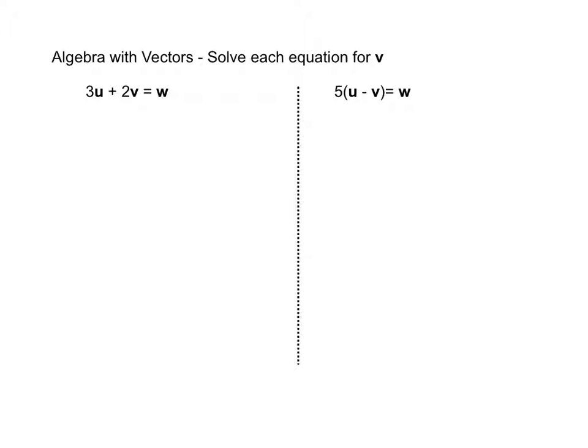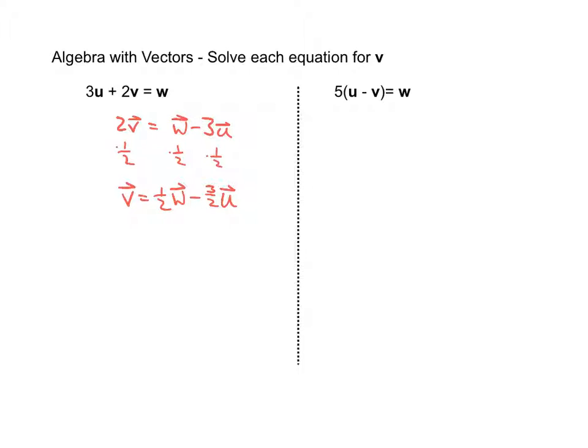So, for example, in this first case, I could subtract 3u from both sides, and I'll have 2v equals w minus 3u. And then I would multiply both sides by a half. I have to distribute it to both parts on the right. So vector v would simply be 1/2 vector w minus 3/2 vector u. Okay? So that's not too bad.